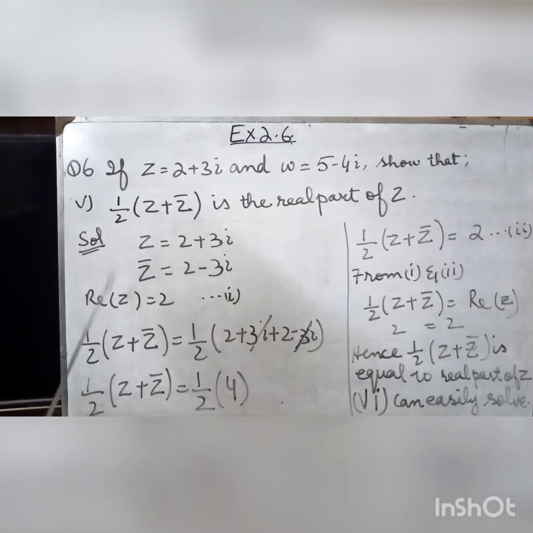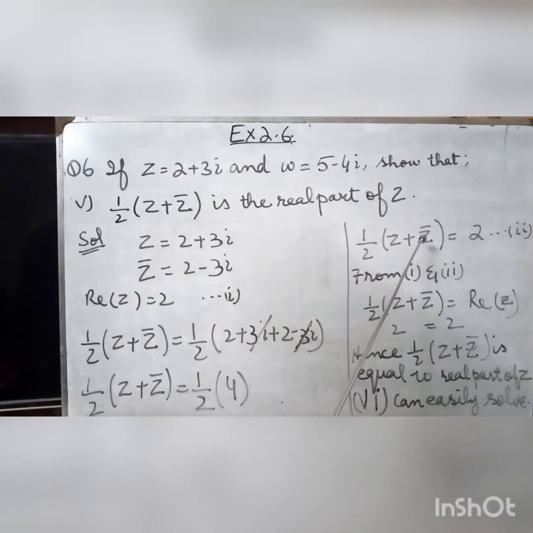1 over 2 into z plus z bar equal to 1 over 2 into 2 plus 3 iota plus 2 minus 3 iota. After cancellation, we have 1 over 2 into 4. 2 cancels the 4. So the answer is 1 over 2 into z plus z bar is equal to 2, which is statement number 2.